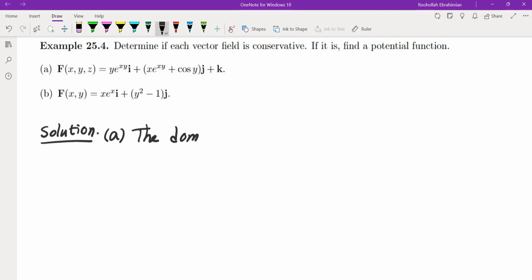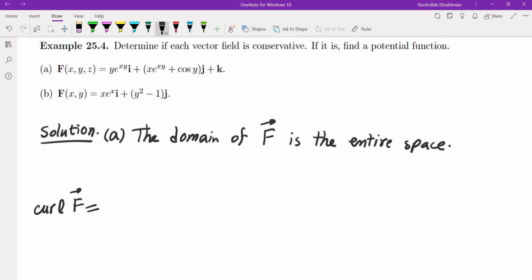So the domain of f is the entire space. Next, we'll have to find the curl of this f, and that would give us the reason that we were looking for.